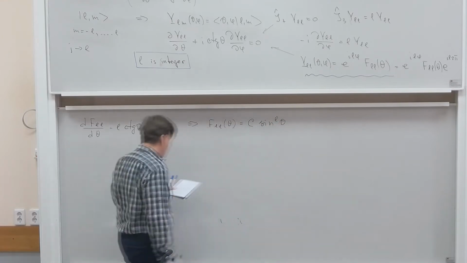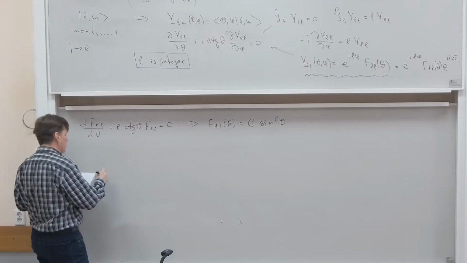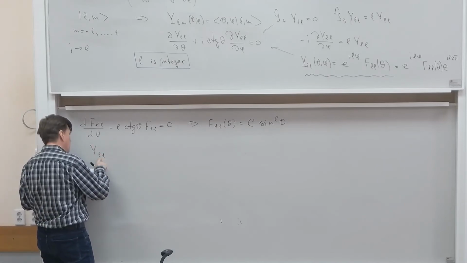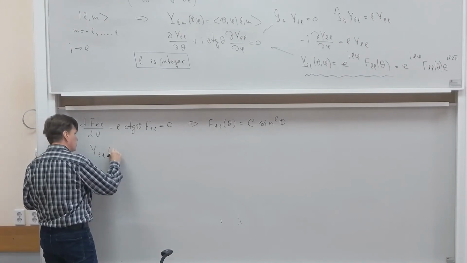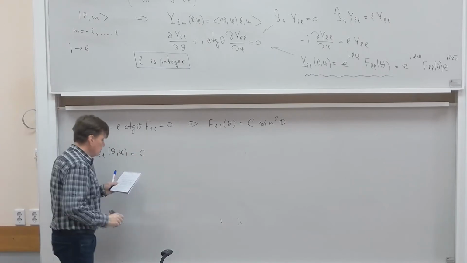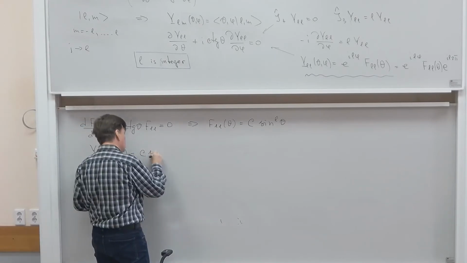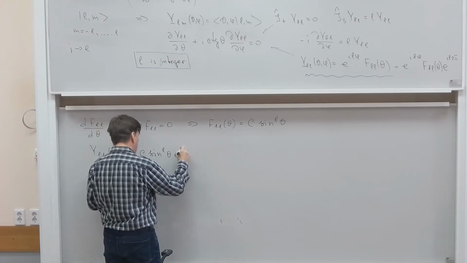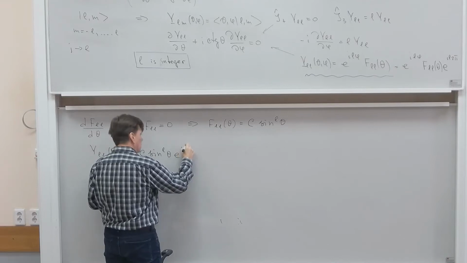So overall we have the following answer for the function Y_LL of theta and phi: c times sine to the L of theta times exponential of i L phi.